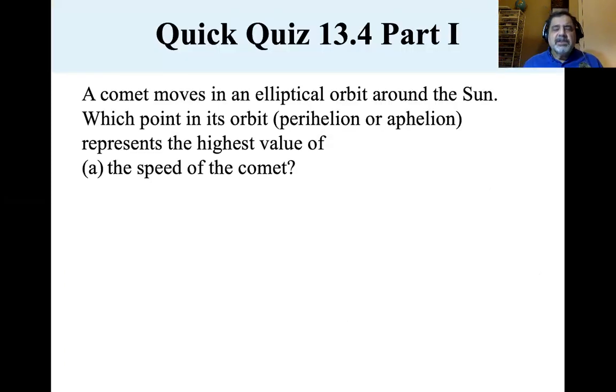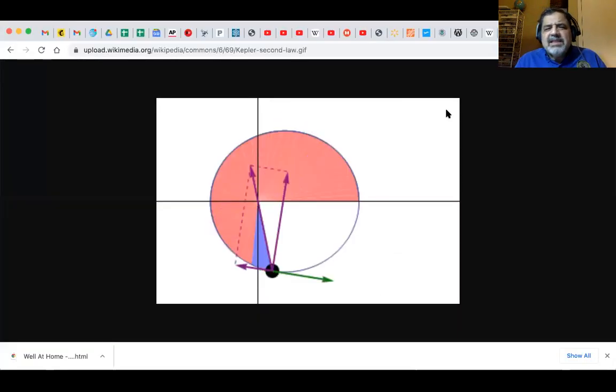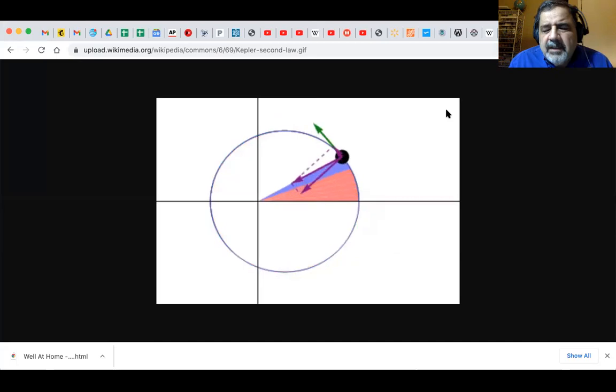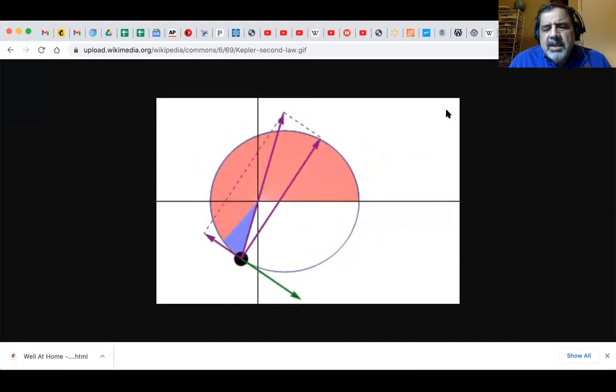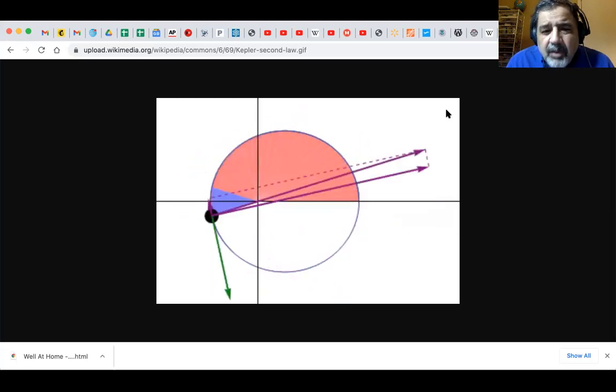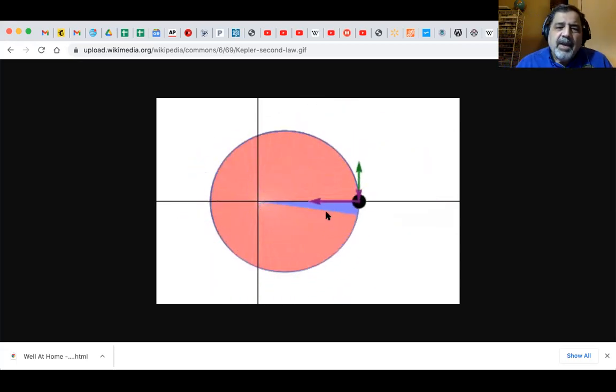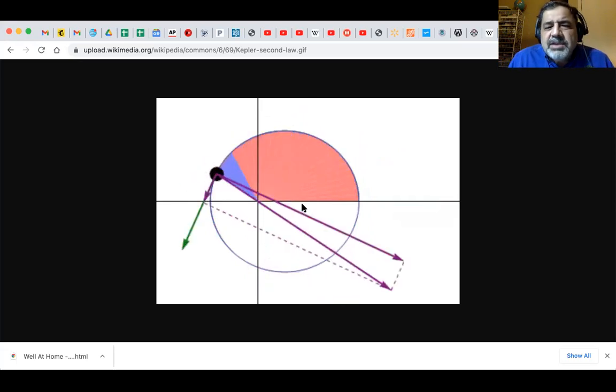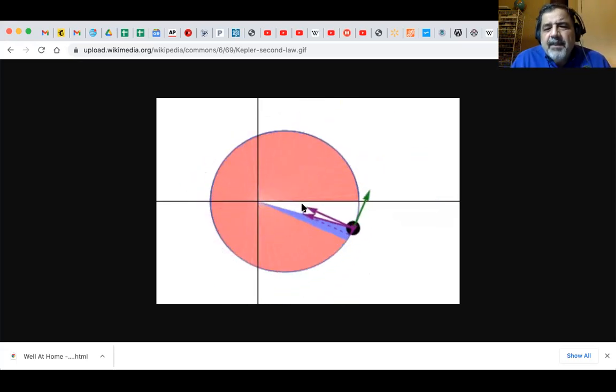Okay, let's take a quiz. But before we take this quiz, let's go back to a previous slide. We talked about the nice little Wikipedia demonstration, basically showing Newton's second law, where the purple area mapped out for equal periods of time is the same.